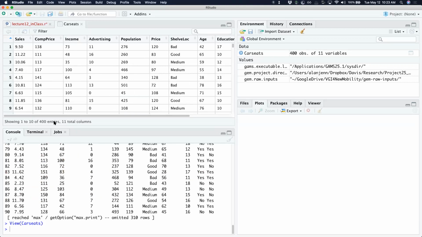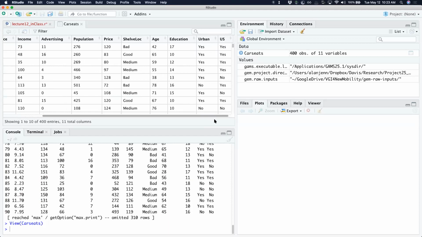So take the modeling with a grain of salt here. This is looking at children's car seats, and it looks at the sales, price, income, how much advertising there is, the rough population, the price, and then age, education, so some demographics.